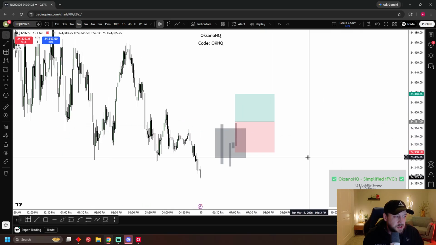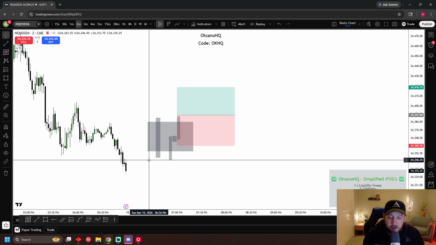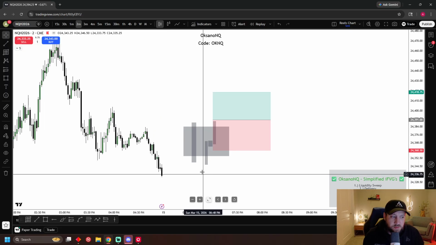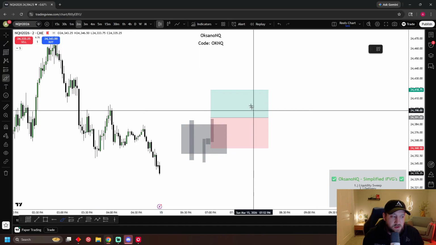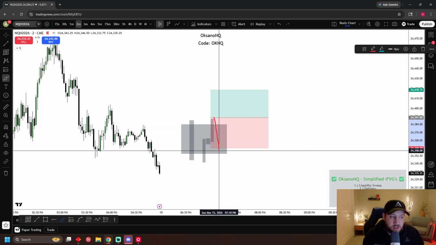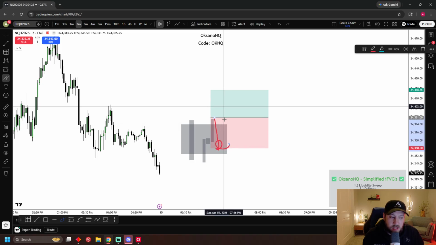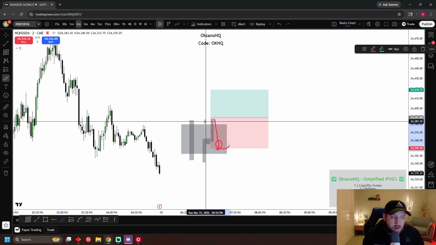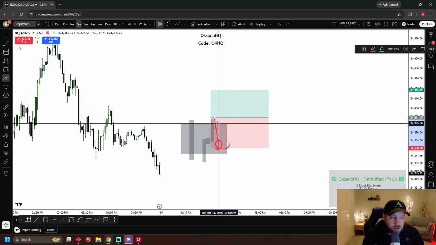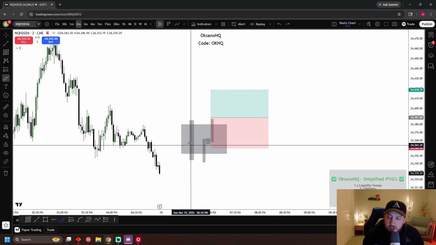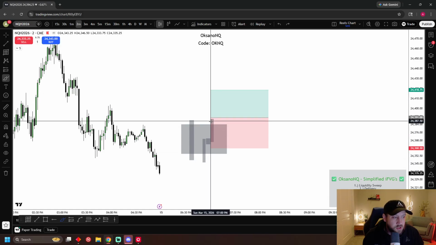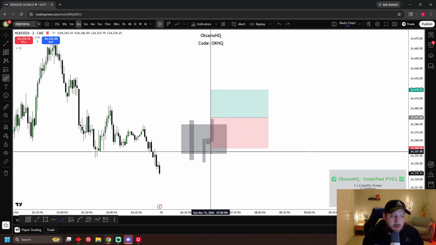It's just one of those things where if our draw on liquidity is correct, if our setup is correct, we get this order block, we get the inverse, there's targets above, there's genuinely no reason for this to come back down to here. So logically, I wouldn't want to use a close back below, right? If we came back this far, I'd want to be out now because liquidity plus the inverse plus an OB.